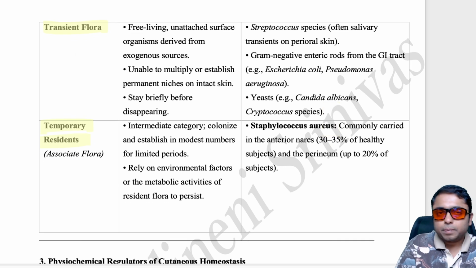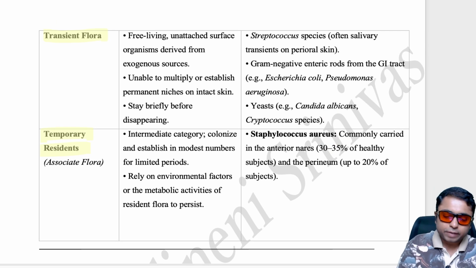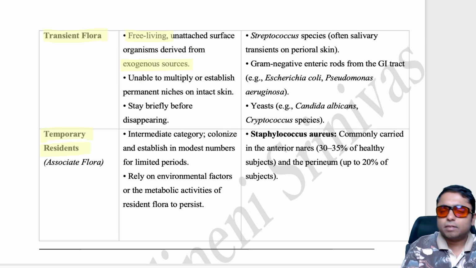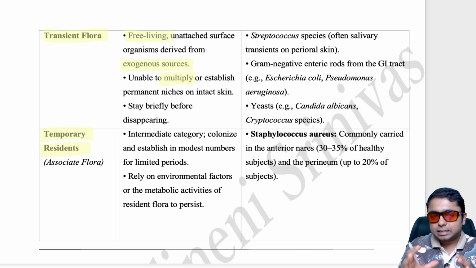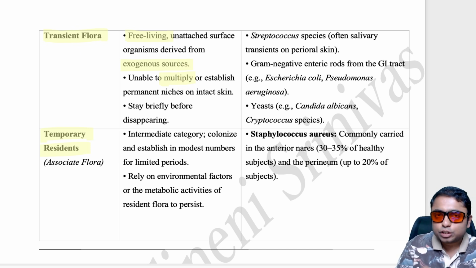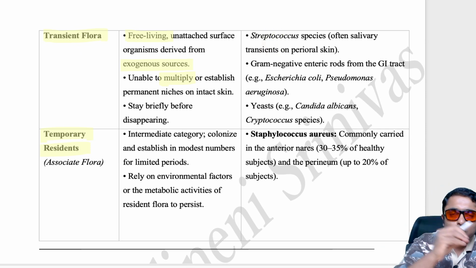Not only that, remember there is also transient flora, very interesting, isn't it? These are free living unattached surface organisms which are derived from exogenous sources, and they cannot multiply. That's why they are called transient flora, right? They are very transient. Basically these are present in other areas and get lodged onto the skin.